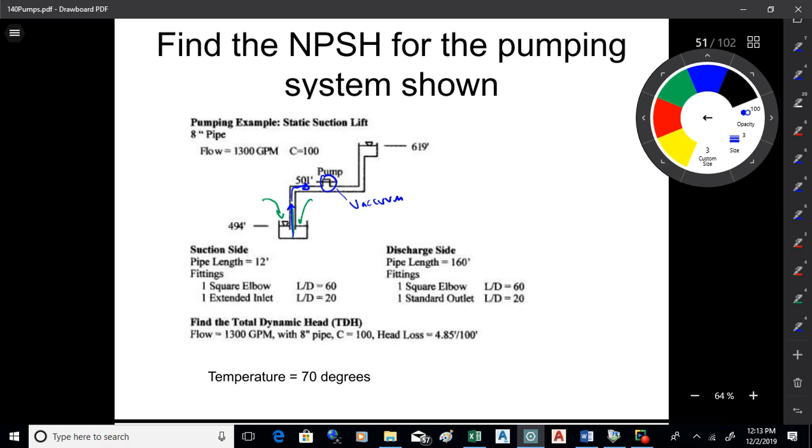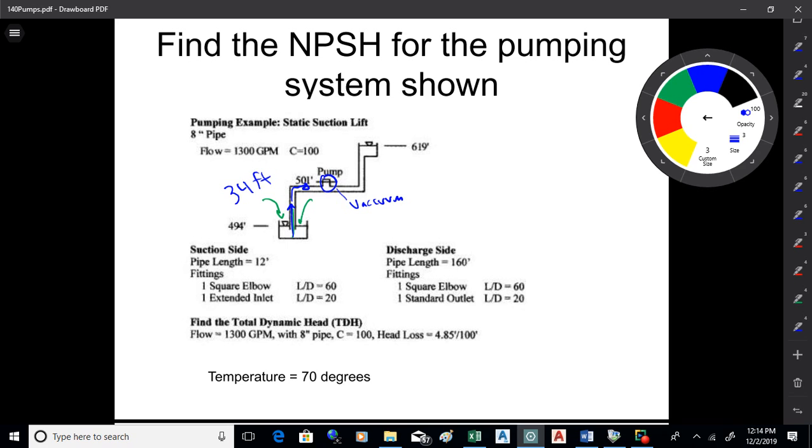Now, how many feet is atmospheric pressure? You all remember that? 14.7 PSI, which is 34 feet. That's what atmospheric pressure is. So if that were a perfect vacuum in the pump, which honestly it's not, you could lift water 34 feet.